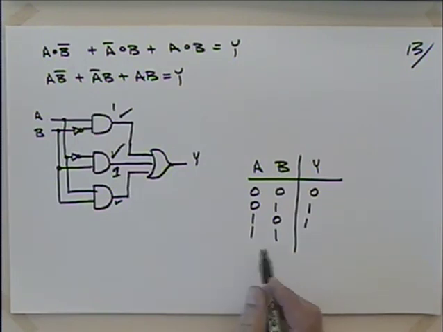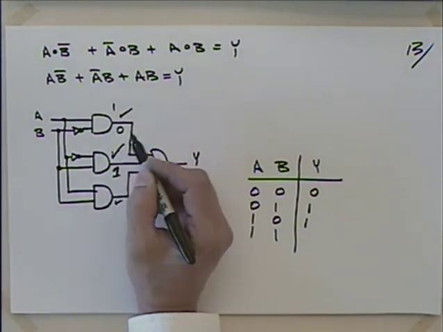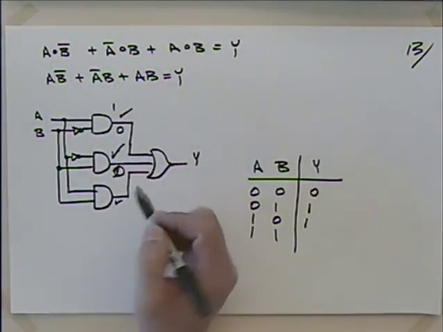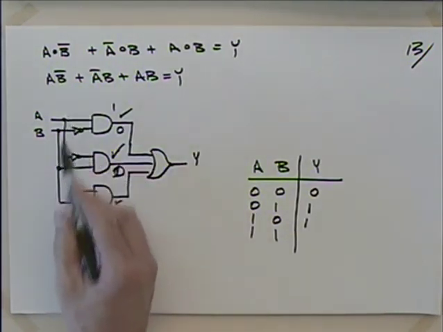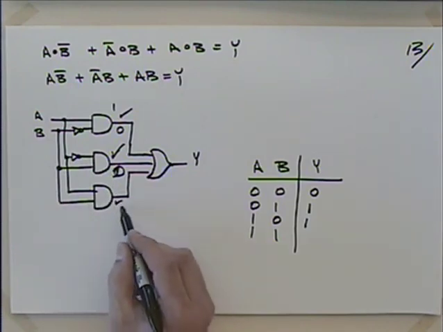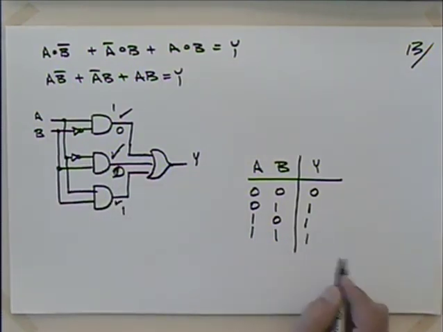And finally, this last one, do I get a 1 out of anywhere? I'm not going to here. I'm going to get a 0 out of here. I'm going to get a 0 out of there. But here, if you put a 1 in and you AND it with a 1, you're going to get a 1 out. So that will give you a 1. So how's that behaving?